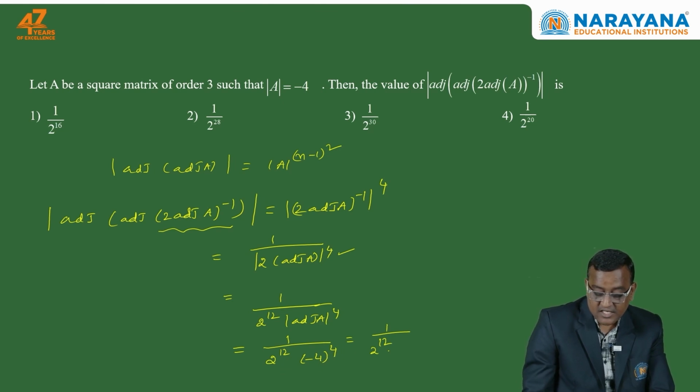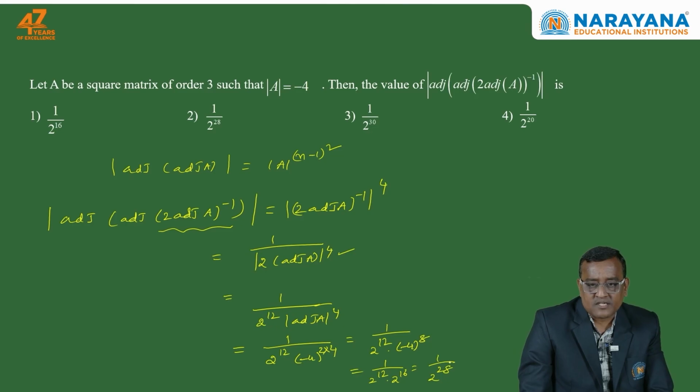Det adjoint A is det A whole square here, so it is (minus 4 whole square) whole power 4. That is (minus 4) whole power 8. That is 1 by 2 power 12 into 2 power 16. That is 1 by 2 power 28.